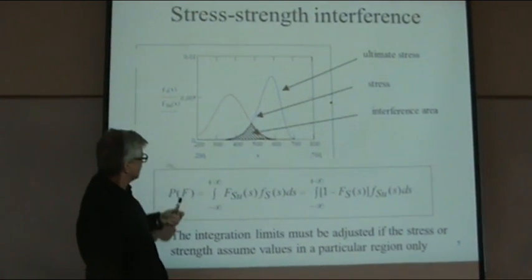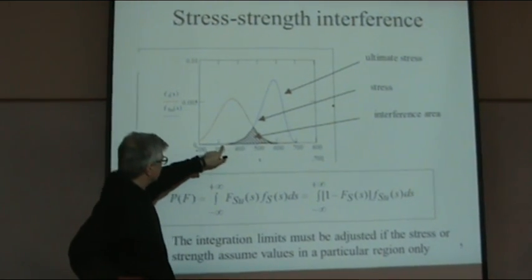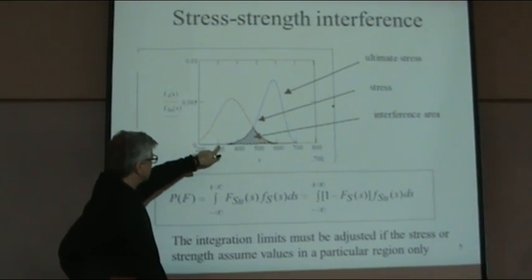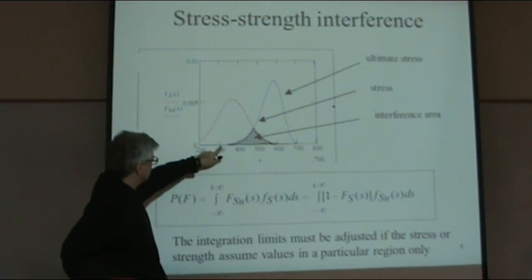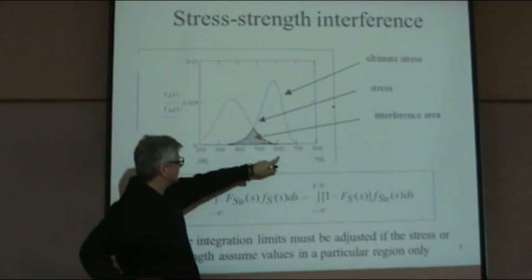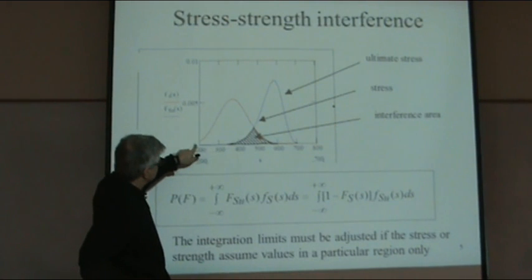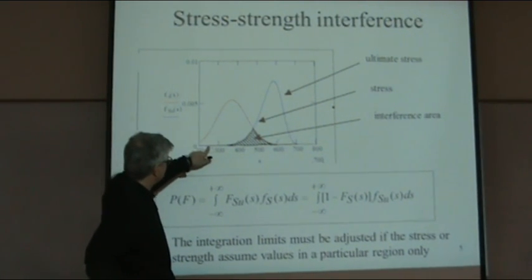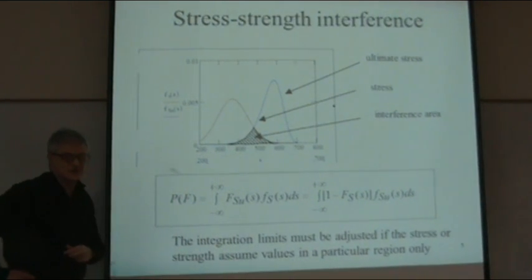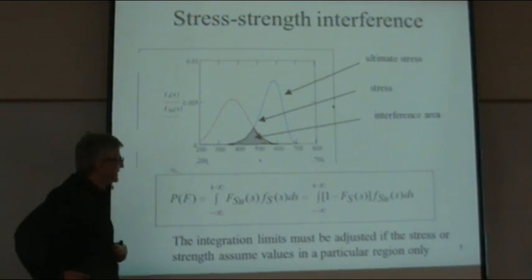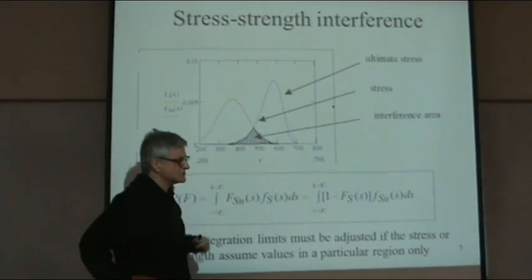So in this case, you'll see that the densities are very small outside this range, from 300 to 700. So the chance that you have values in this range or in this range is practically 0. So instead of integrating from minus infinity to plus infinity, you can integrate from 300 up to 700.